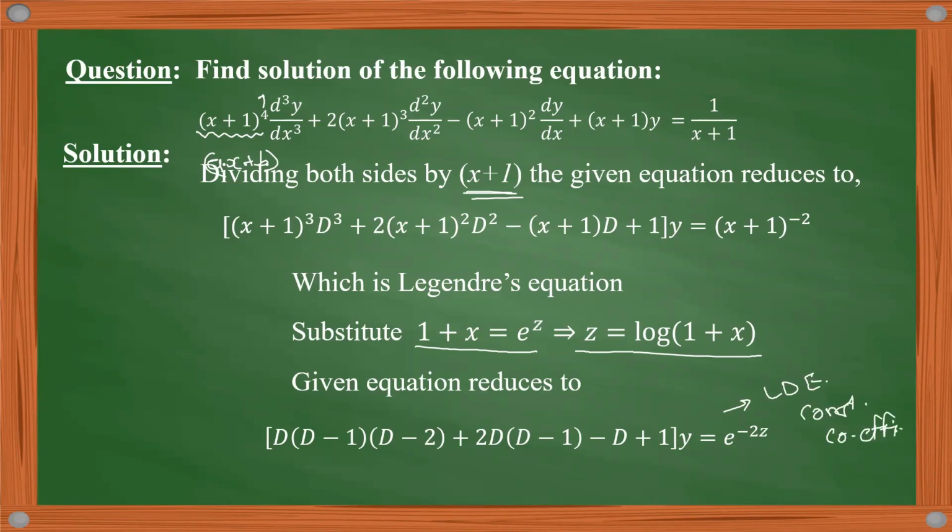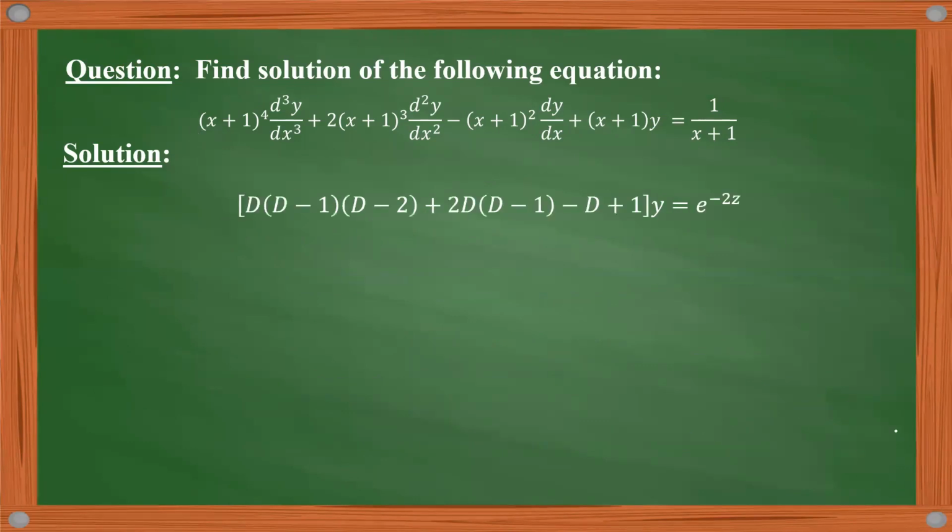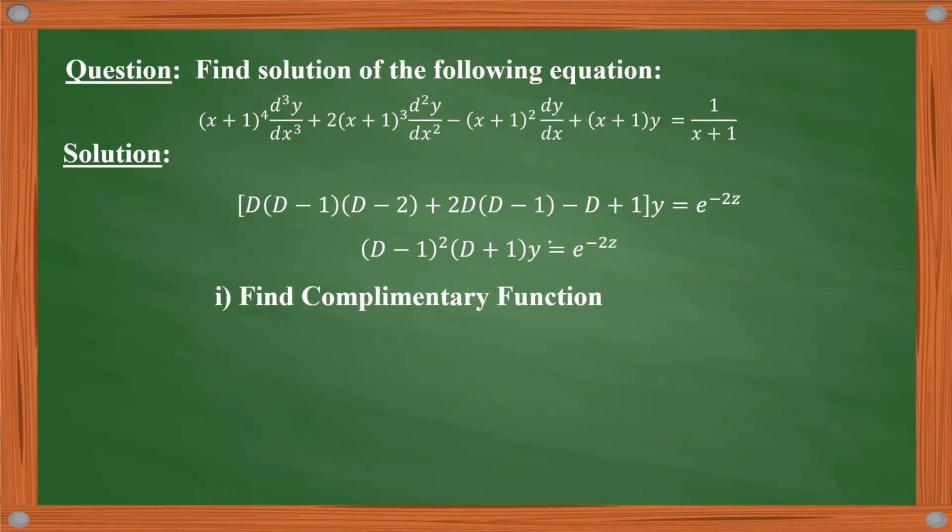So now we will find its complementary function and its particular integral. So let me just simplify this equation. It will look like (D − 1)²(D + 1)y = e^(−2z). Now just find its complementary function.